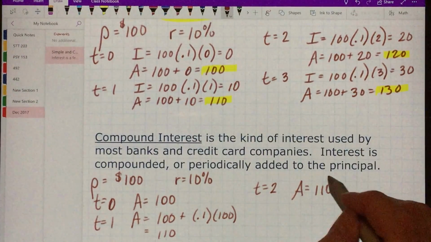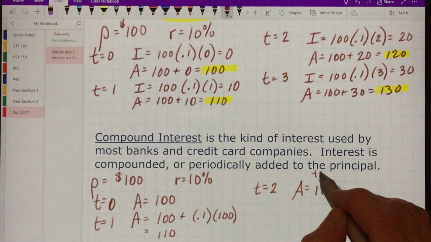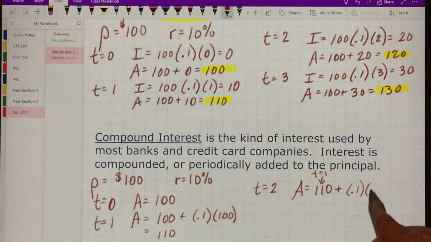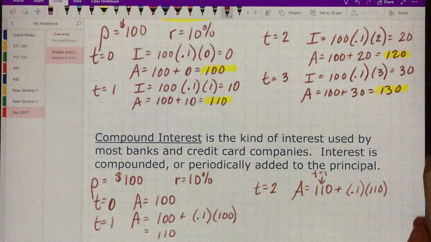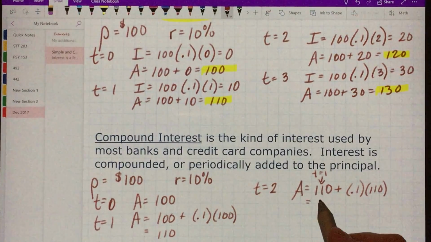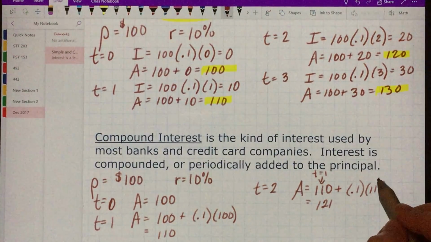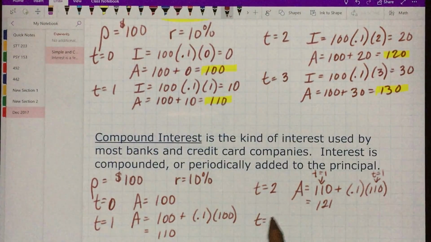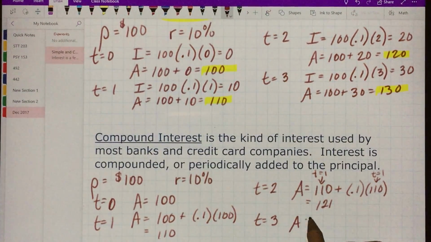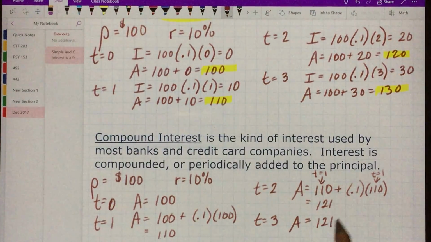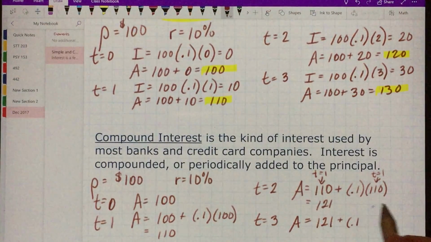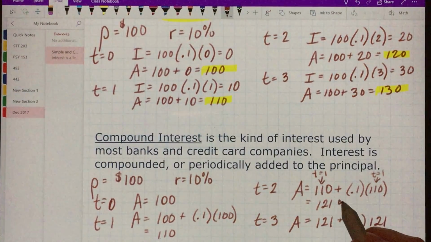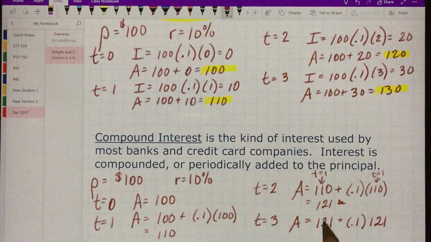We're looking at this came from t equals 1, and so does this. We get 10% of 110, which is equal to 121. So this also comes from t equals 1. When t equals 3, the amount you owe is 121 plus 10% of 121, which came here from t equals 2.